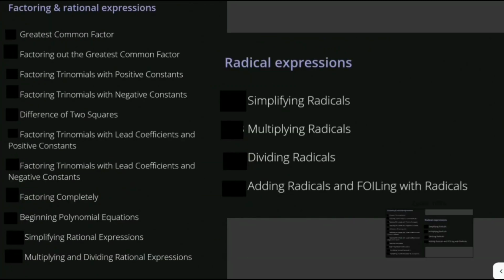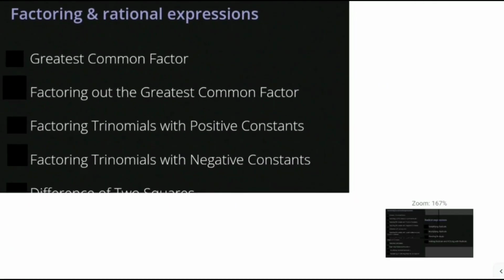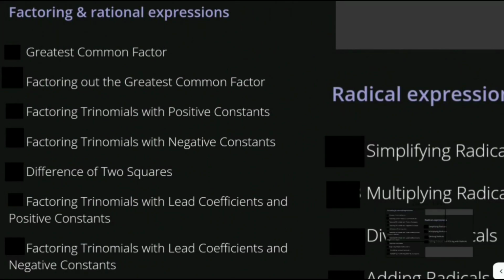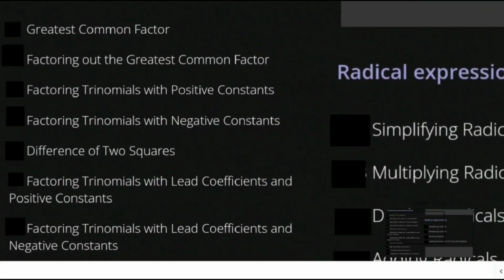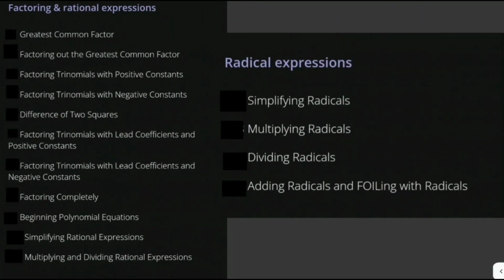And then we have factoring and rational expressions. You need to know or review the greatest common factor, factoring out the greatest common factor, trinomials, difference of two squares, factoring trinomials, factoring completely, simplifying rational expressions, and multiplying and dividing them.